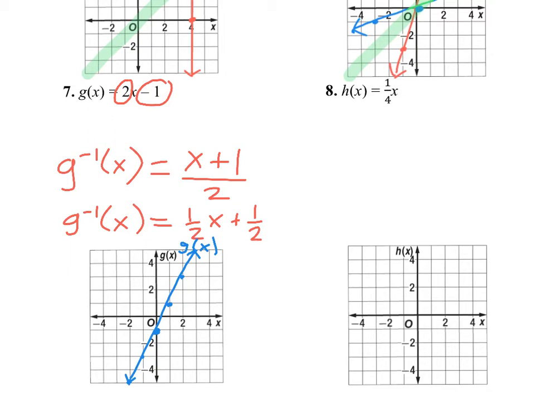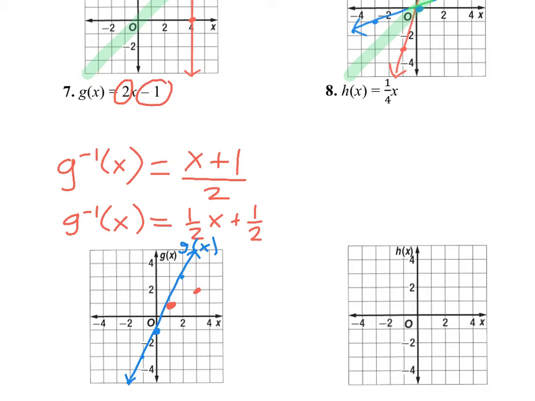Alright, so if you try to graph this, it has fractions. So maybe a better way to graph the inverse is find a coordinate and then inverse the coordinate. So we see that 1, 1 is on the blue graph. So the inverse of 1, 1 is still 1, 1. I also see that 2, 3 is on the blue graph. So the inverse of that is 3, 2. And all you need is 2 points to graph a line. And we know that the slope of the line is 1/2.